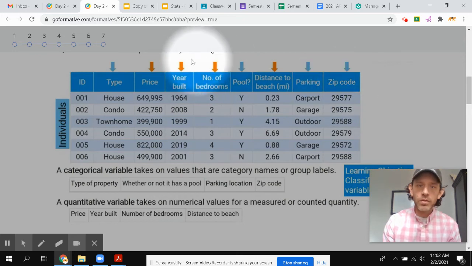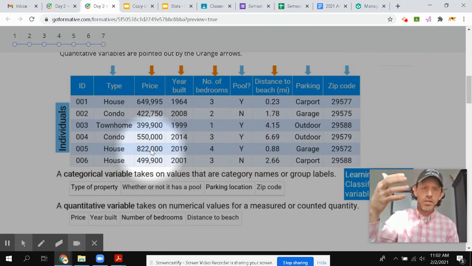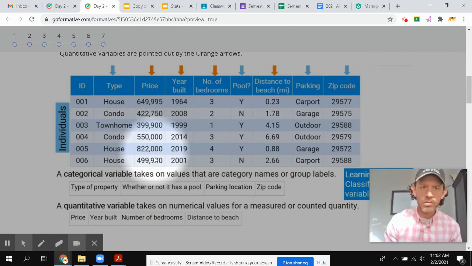When we talk about quantitative, that's the orange one. So we're looking at quantitative. You can see down here that these are described as well, right? So quantitative here and categorical there. So quantitative, these orange arrows talk about quantitative price. Those are things that do get counted, right? So price goes up. Things that cost money either go up or down in a numeric way.